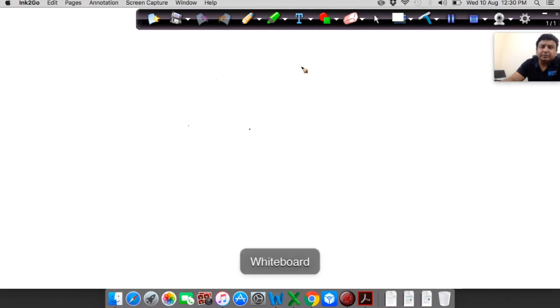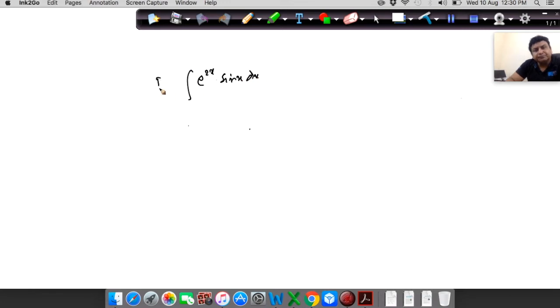This one, 21, let me explain that. It's e to the power 2x sin x dx. So some books will say that this won't follow Euler, and we take this as first and this as second, but I tried taking this as first and this as second and it's working fine. So follow Euler only, no issues.